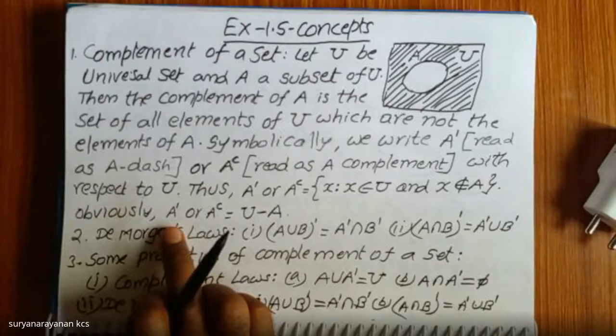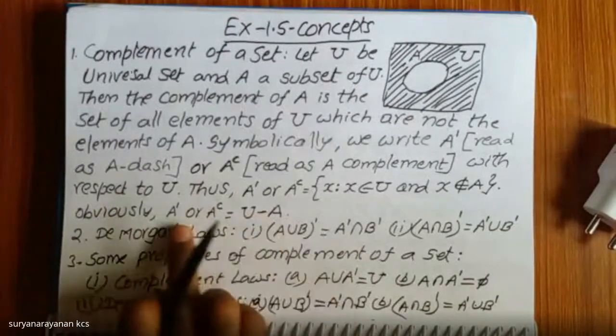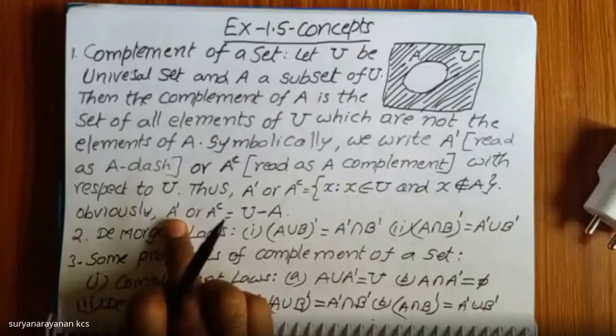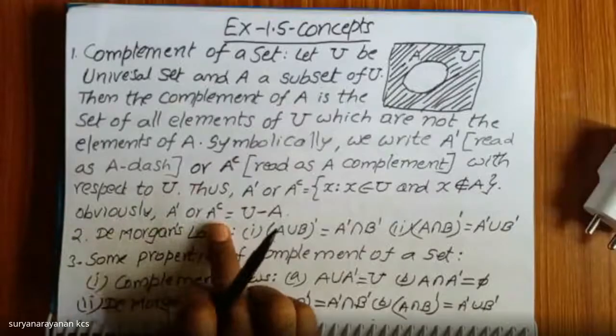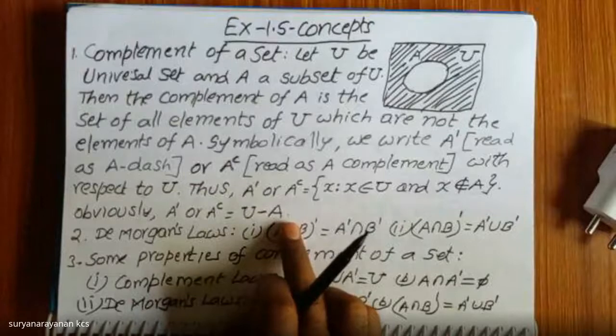My dear Catherine, read this formula. Yes, sir. A dash or A complement equal to universal set minus A. Very good. Remember this formula, my children. I'm not making you read this formula for fun.